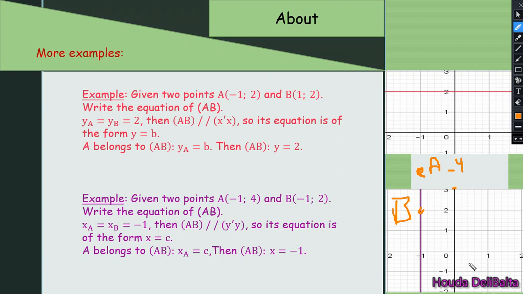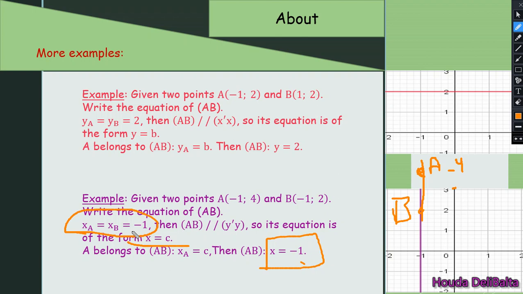And the general form of the equation of the line that's parallel to the y-axis is x equals a constant. Where do we get this constant from? From this same value they have. So the equation of the line AB is then x equals -1, the same as the abscissa of both A and B.